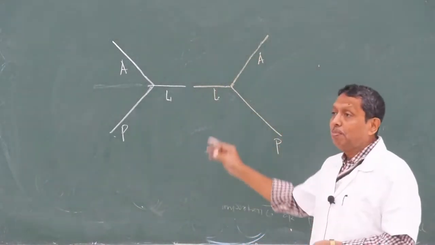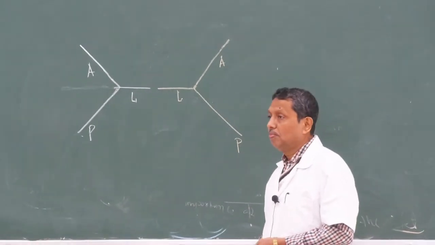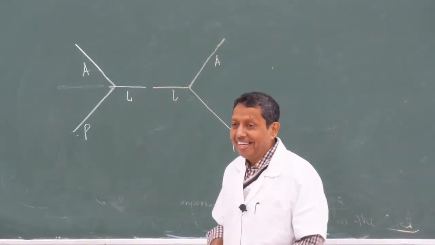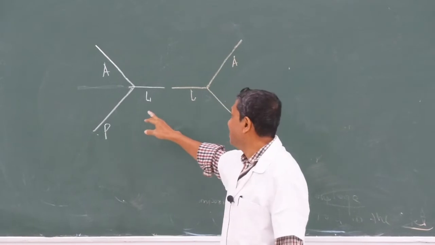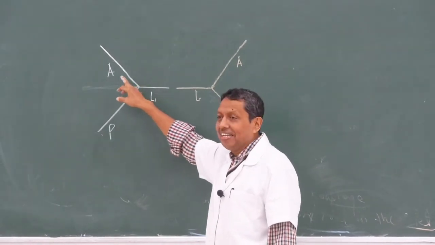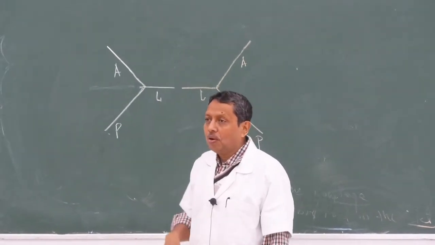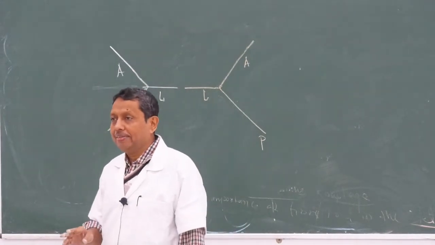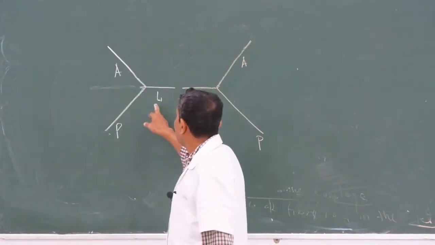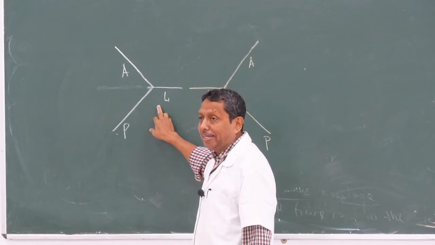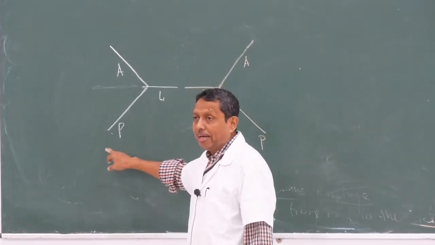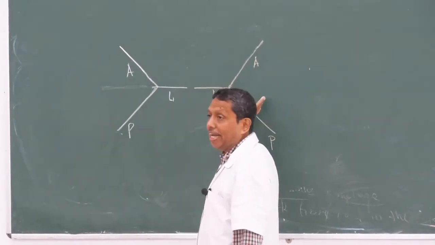So they are disposed in these planes. It is the anterior or superior semicircular canal, and it is the lateral or horizontal semicircular canal, and it is the posterior canal on two sides.